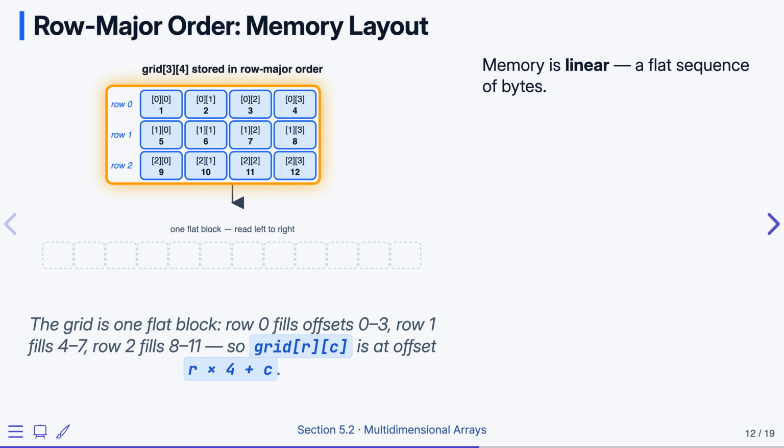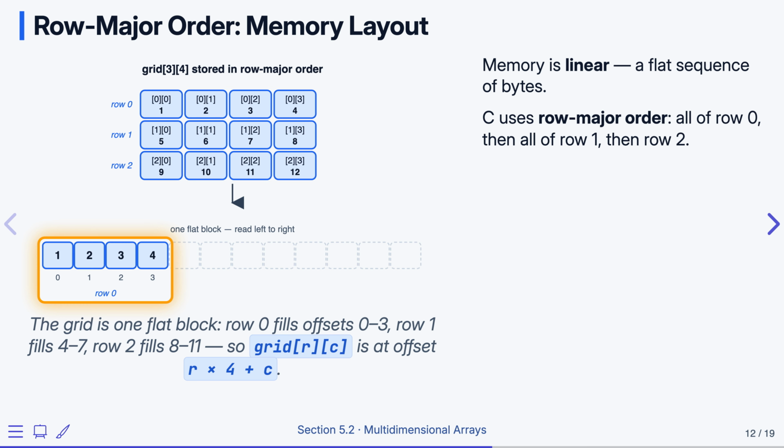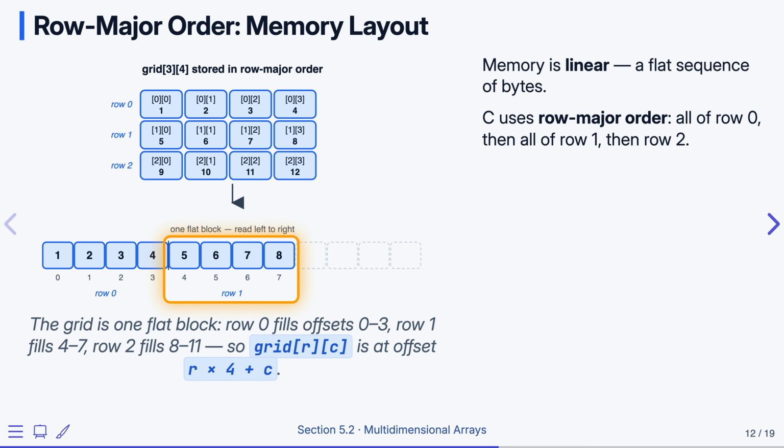You picture a two-dimensional array as a grid, 3 rows and 4 columns, but memory is one flat line, so C has to lay the grid out in a single row. C uses row major order. Row 0 goes first. Values 1, 2, 3, 4 at offsets 0, 1, 2, 3. Then row 1 right after it.